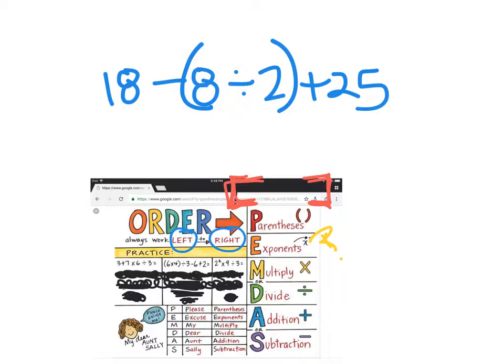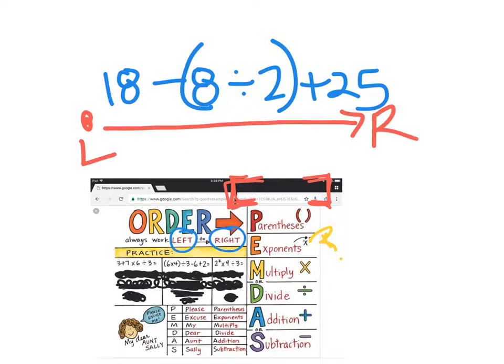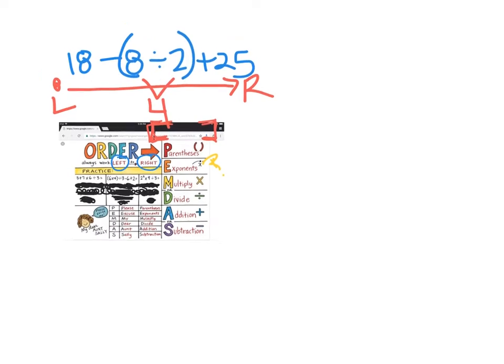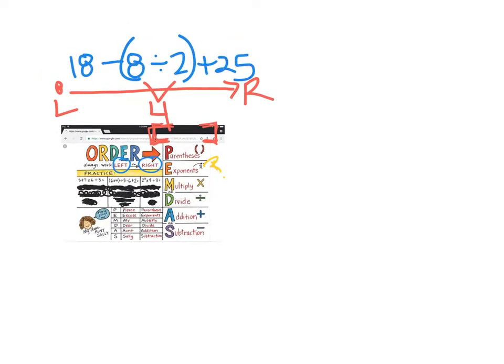So starting from left to right, all the way to the right, we're looking for parentheses to solve. And we can see that we have 8 divided by 2. And we know that answer is 4. So I'm going to scoot this over so I can write it over here again. So I have to rewrite the problem with my new 4 that I just got in there from dividing, right?